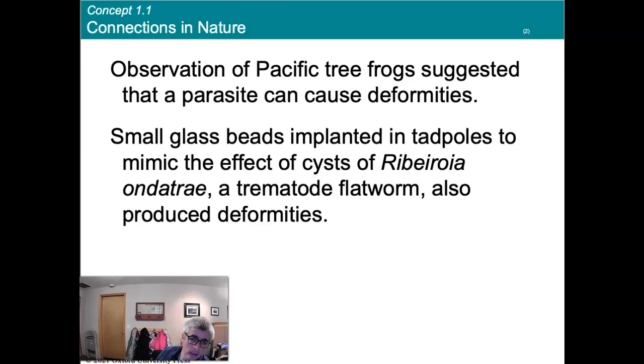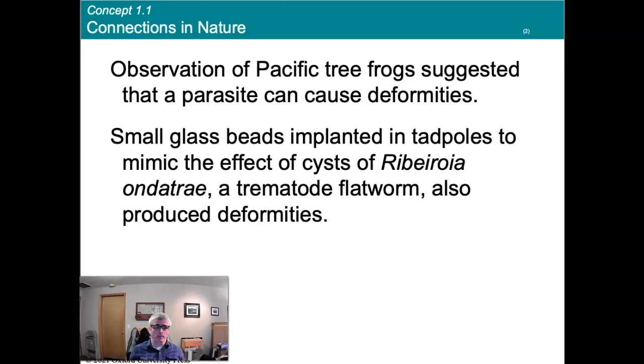There's been this observation of Pacific tree frogs suggesting that the parasite can cause deformities. They did this by using glass beads to mimic the effects of Ribeiroia, and that also produced deformities. So the first question was really, could a small, hard thing create deformities in a tadpole?